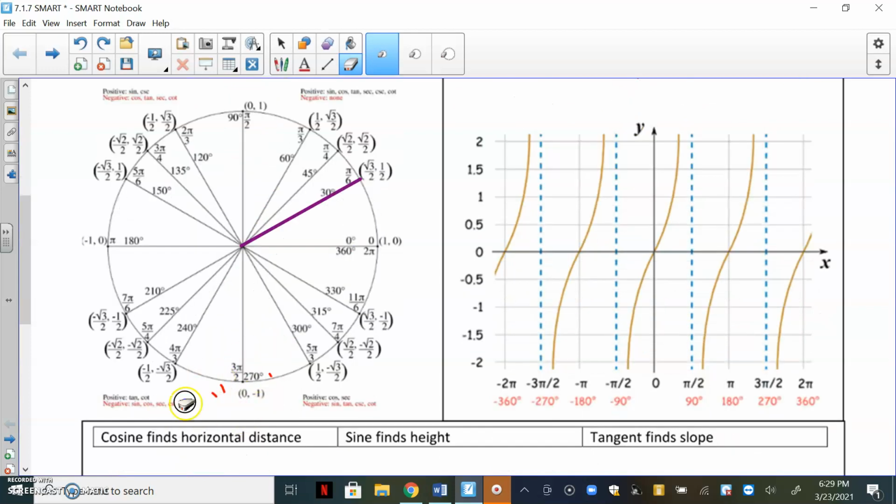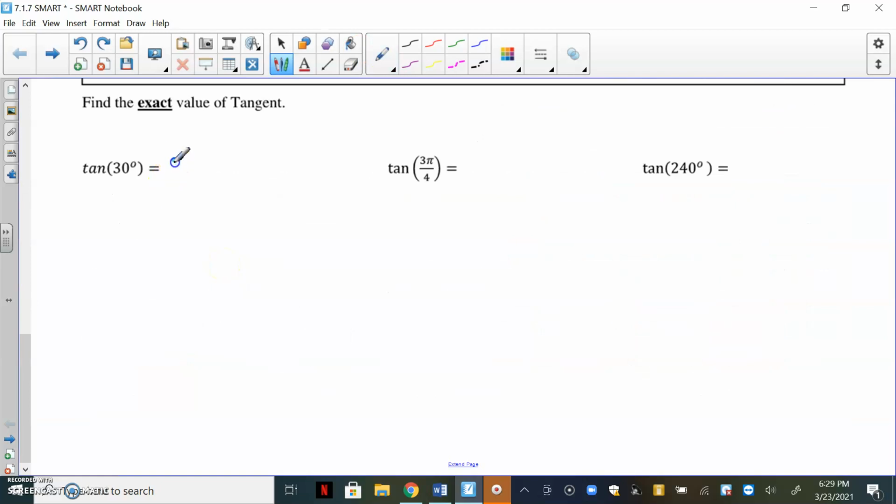You find 30 on your unit circle and use the coordinates. Here's 30. So I'm going to divide my sine over my cosine, so 1/2 divided by root 3 over 2. Let's write that down. We know we're doing sine divided by cosine.